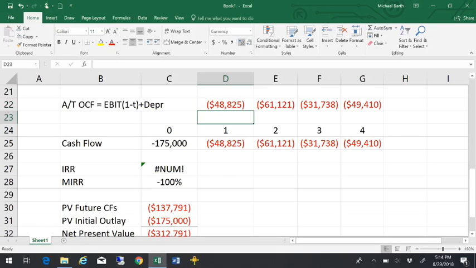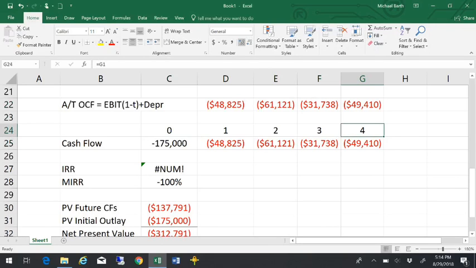So you lost $175,000 right away, $50,000 the next year, $60,000 the year after, $31,000 the year after, another $50,000. Essentially, you just cremated about $375,000 worth of value. It doesn't have an IRR because there was never any return.